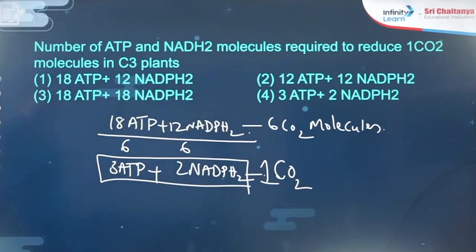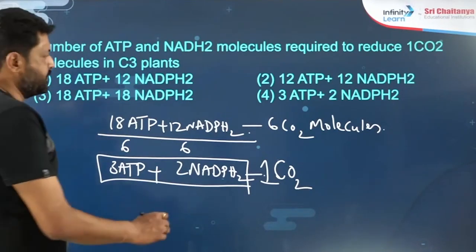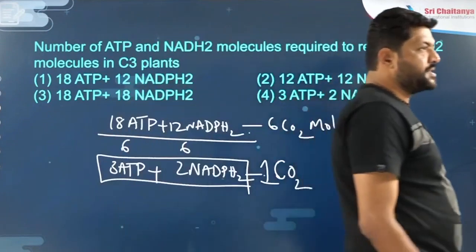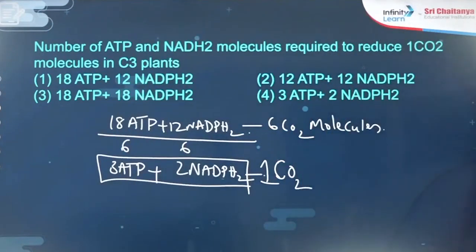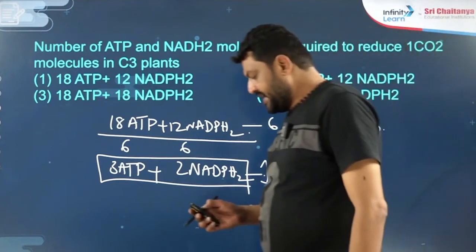Just now we discussed this: reduction of 1 CO2 molecule requires 3 ATP plus 2 NADPH2. Was it clear, students? Shall we go to the next slide?